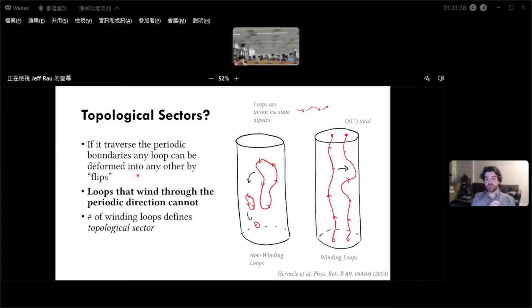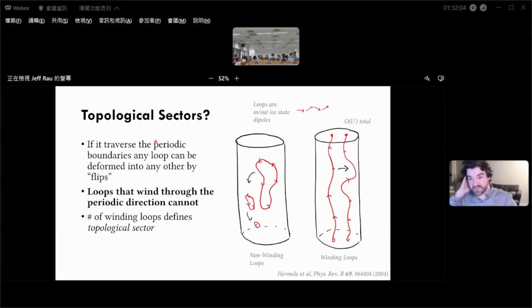One thing I want to point out is that this superposition is in fact a little bit non-unique. And so here, when we're talking about perturbing it with this tunneling term that flips these loops, we're tacitly assuming that by flipping these 6-site loops, we can actually move between all the different ice states effectively, right?